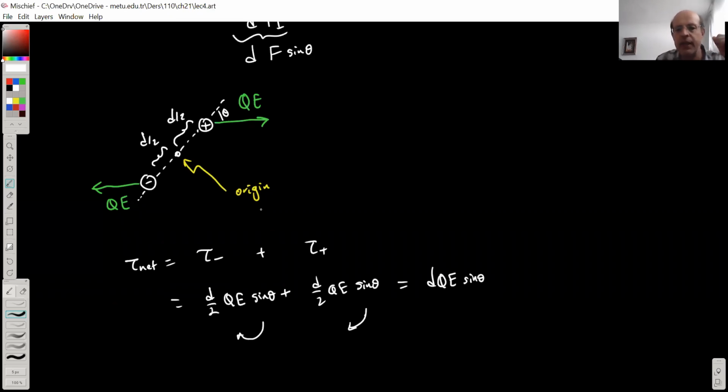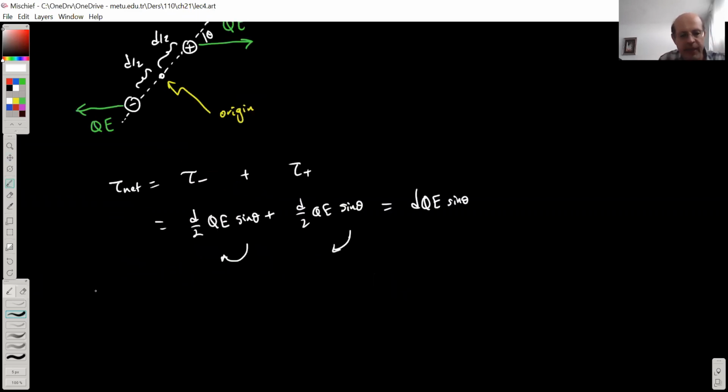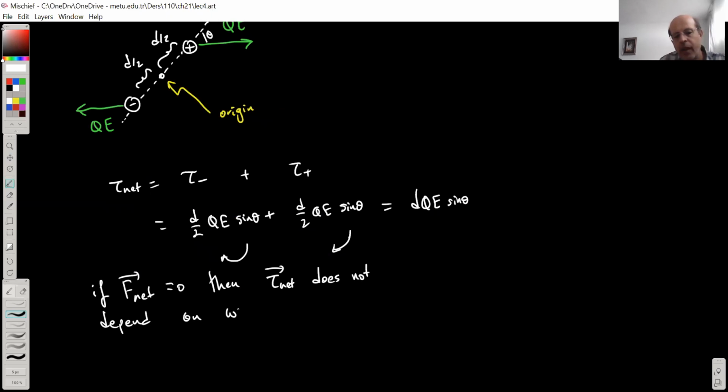It doesn't matter. But if you remember, in the last semester, I said something like this. If the net force is equal to 0, then the net torque does not depend on where we choose the origin.